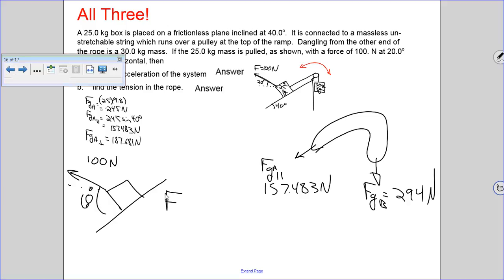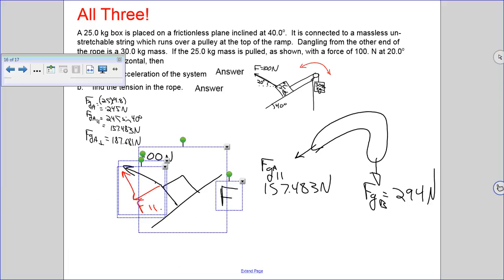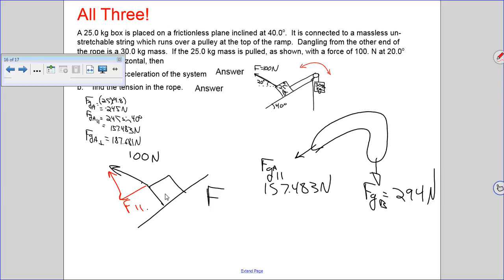We need to figure out the parallel component and the perpendicular component. Here's my 60 degrees. Oh man, the parallel component doesn't look parallel. Why am I having such a tough time making this drawing?